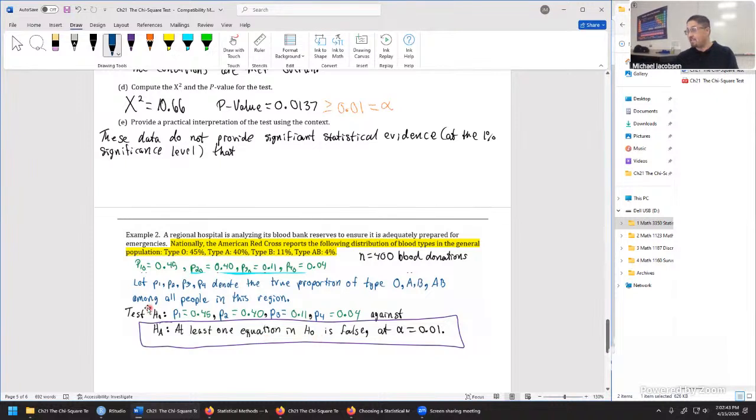We have to use the context. So we go here. We didn't have evidence that at least one of these equations is false.